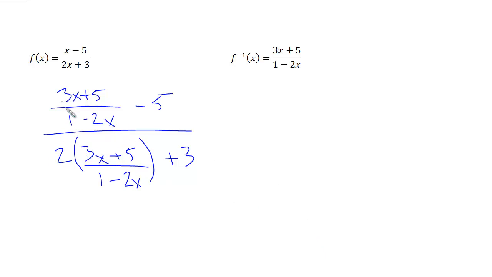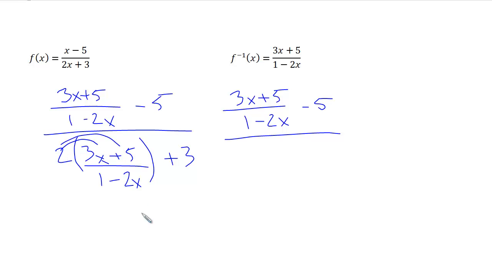So I'm going to go ahead and let's distribute this through first. So I get 3x plus 5 over 1 minus 2x minus 5. All that over this. We'll just take that through to the top values. 2 times that is 6x plus 10 over 1 minus 2x plus 3. So we'll go ahead and combine these.